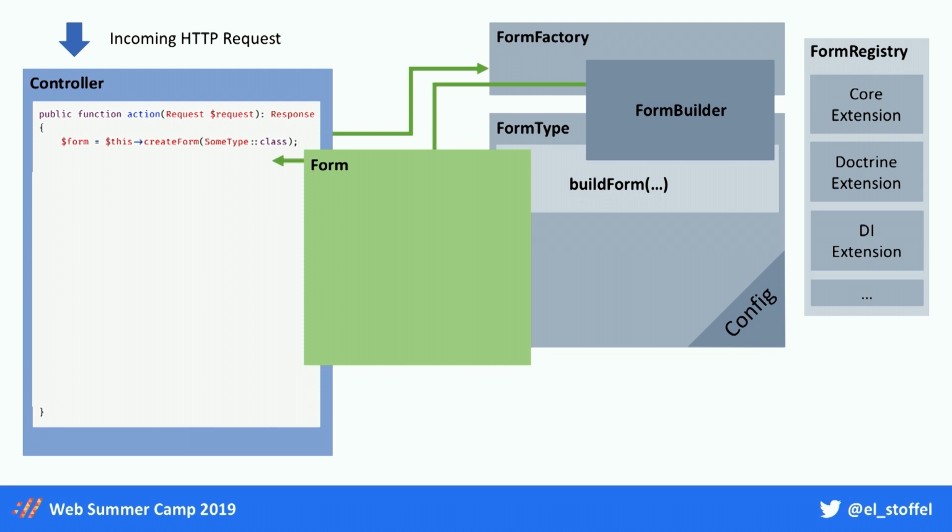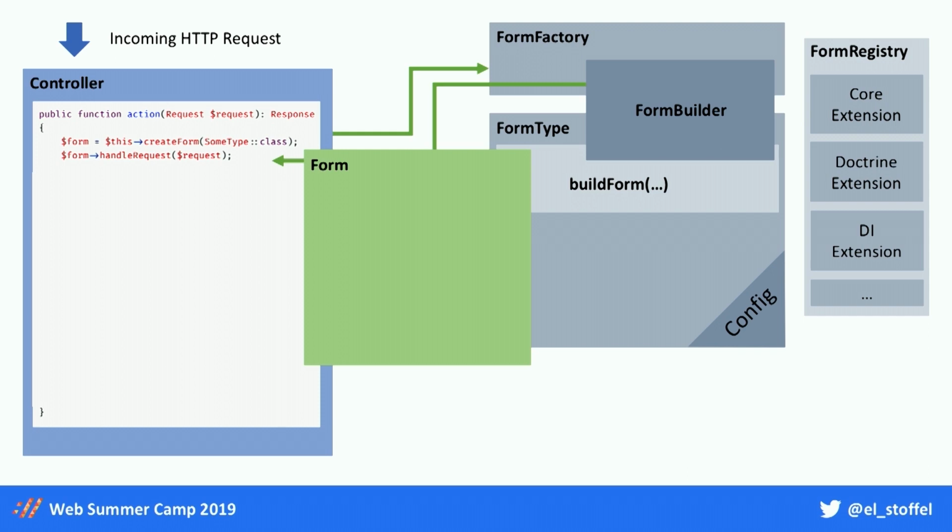The big difference is that the form type itself does not handle logic, or is not meant to handle logic of the form runtime. But the form instance is a runtime object that has a lot of logic in it. And then the next line, we have a handleRequest, right?